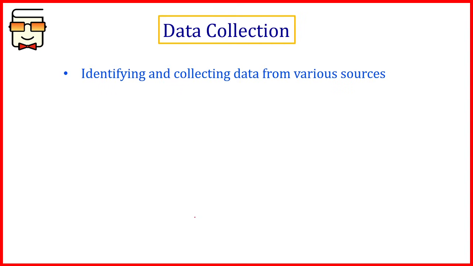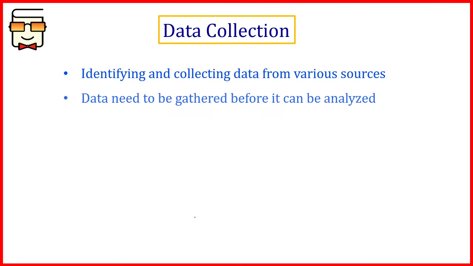Data collection is basically the process of identifying the sources from which you can collect your data. You first need to identify the places from where you will get the desired data, and that gathering of data is basically referred to as data collection. Okay, so you first need to collect the data that you want to analyze.